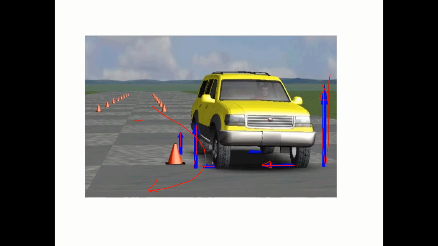Correct. This side force will create the tire slip angle alpha F here, and alpha R here, like this. Okay, maybe this angle is smaller than this angle because this side force is less than this side force. Okay.